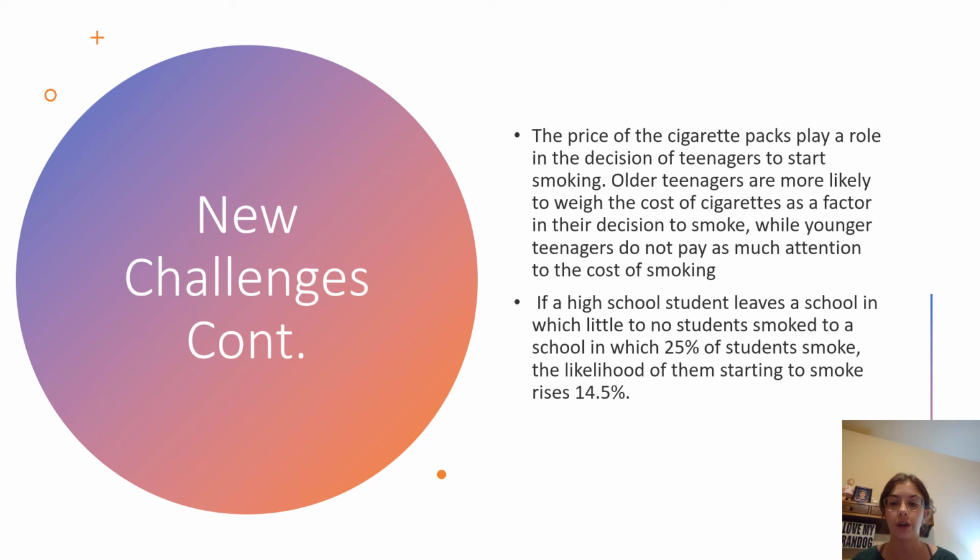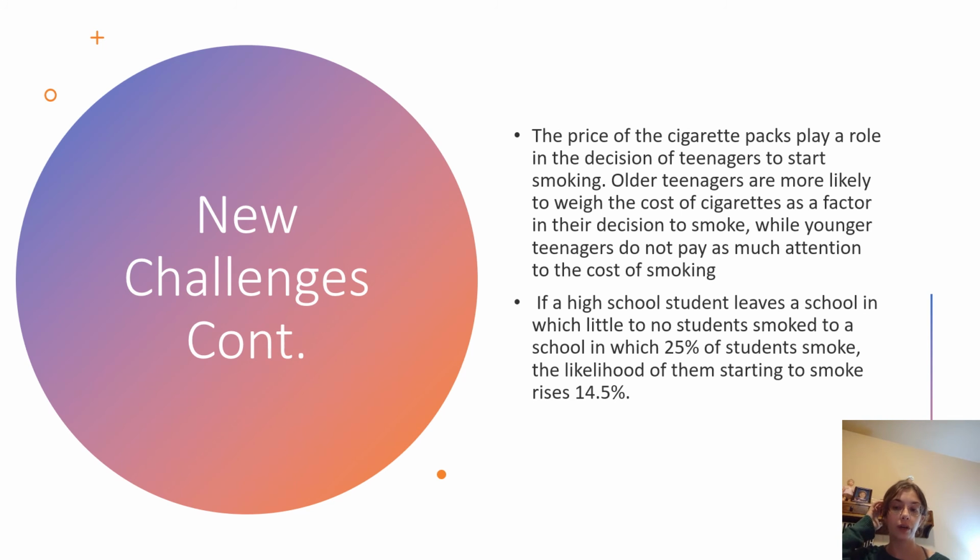So there are additional challenges going on. Like I had said before with peer pressure, if a high school student leaves a school in which there are little or no students that smoke and transfers to a school in which 25% of students smoke, the likelihood of them starting to smoke rises to 14.5%, which is a huge increase.